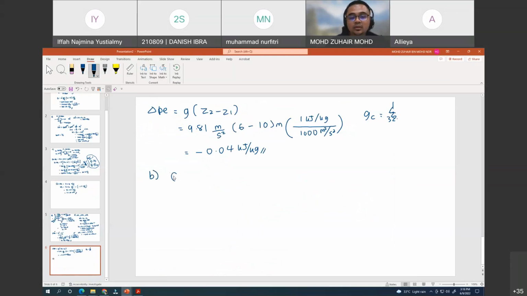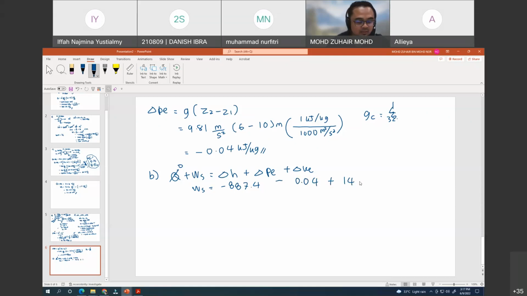Q plus WS equals delta H plus delta PE plus delta KE. We already have all of these values. Q is considered 0, so WS is negative 887.4 minus potential energy 0.04 plus 14.95.